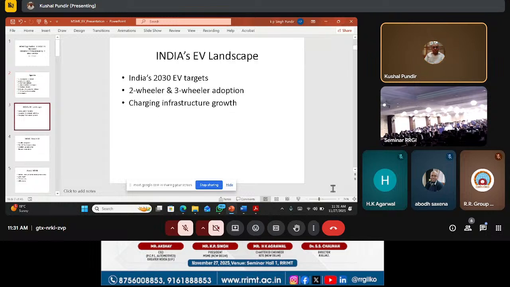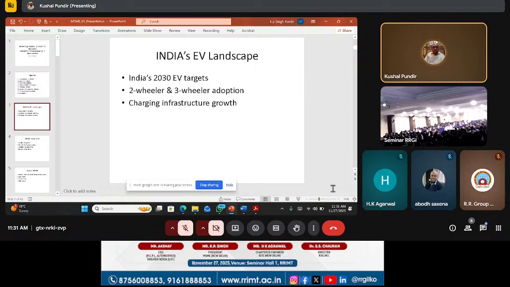You see this India's EV landscape, it's a massive opportunity. India is undergoing one of the biggest industrial transitions in modern history. The shift from internal combustion engines to electric mobility is creating thousands of new business opportunities.